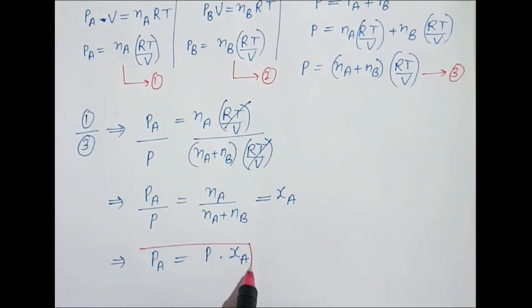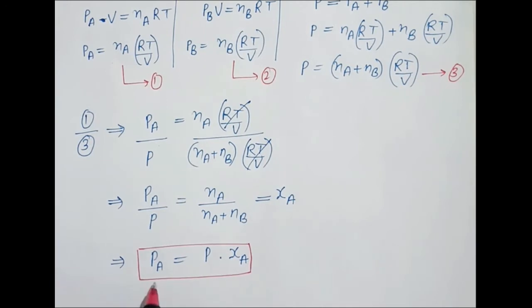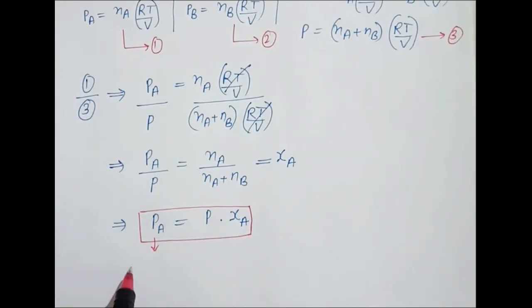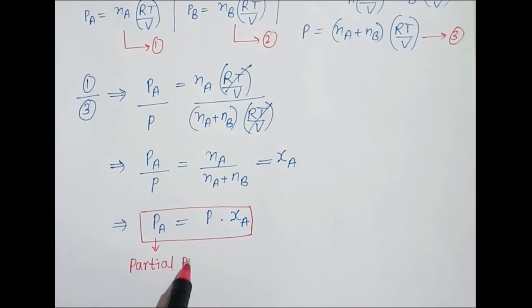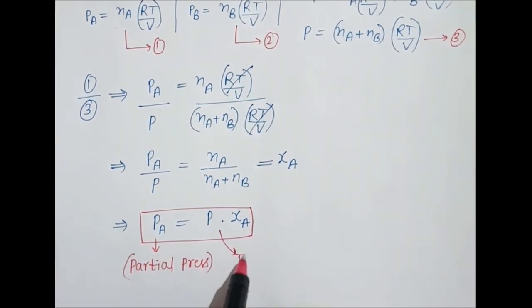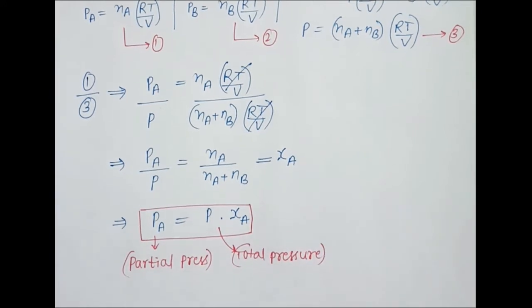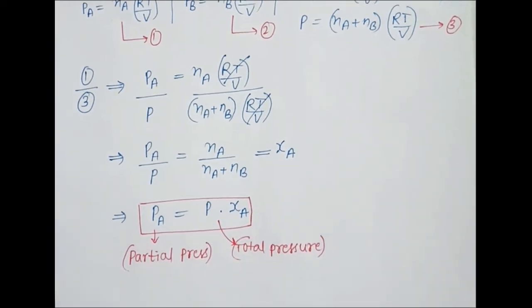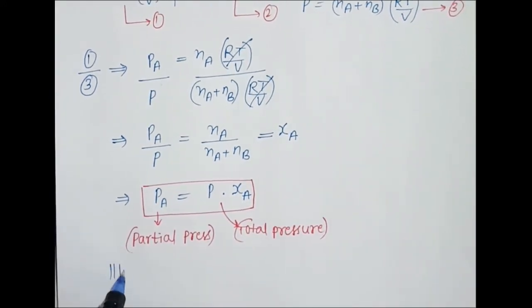It means partial pressure of any gas is equal to total pressure into mole fraction of that compound. So similarly you can also make for PB.